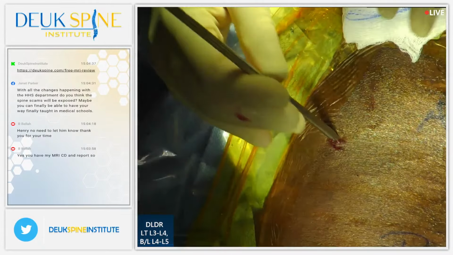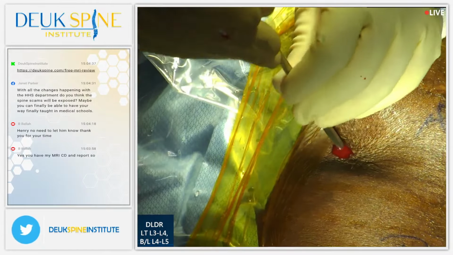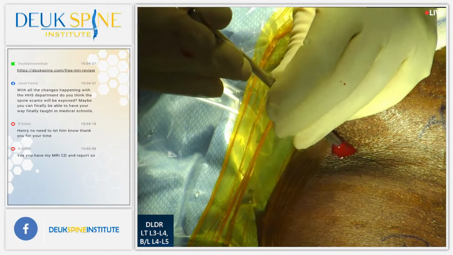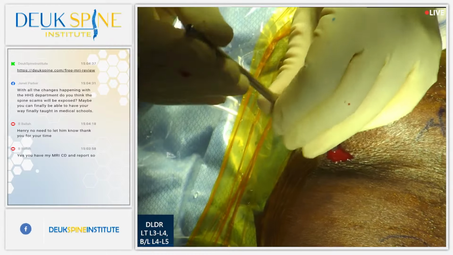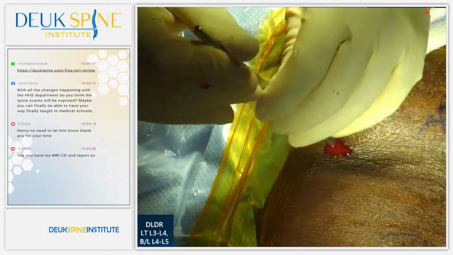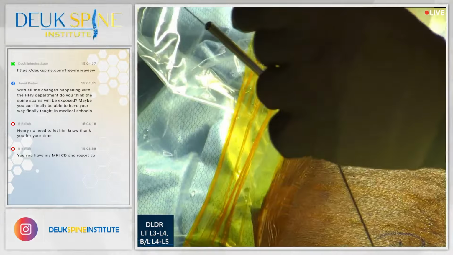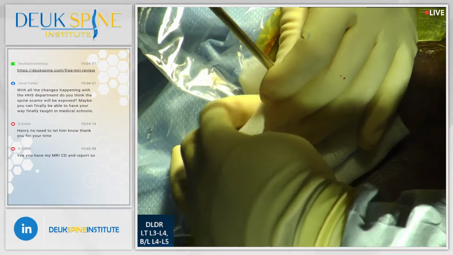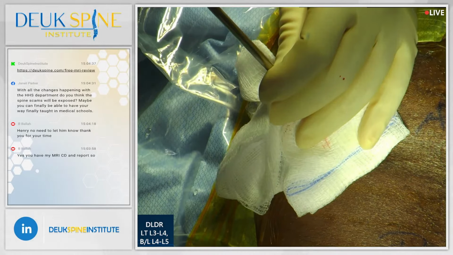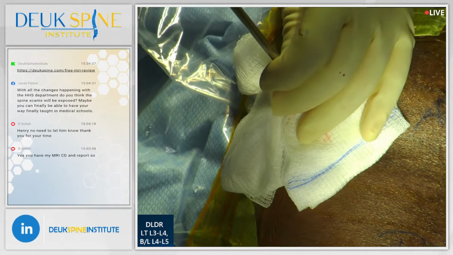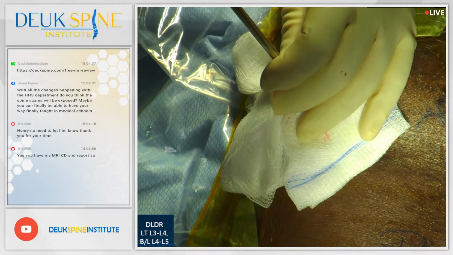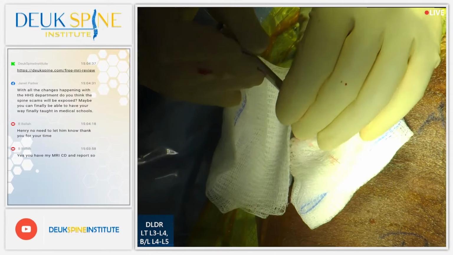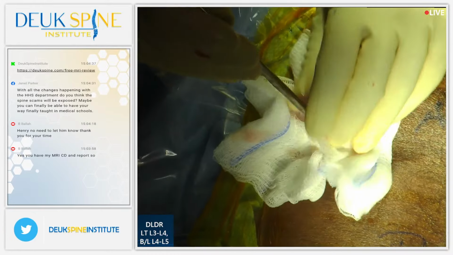Okay, that's in a normal situation. So maybe you're telling me you envision an animal where the facets bear 50%, 51% or more, the major weight. I'm not sure what position you would have to be in for that. But if you look at the size of the disc and you look at the size of the facets, you can easily see the disc is much larger surface area than the facet.